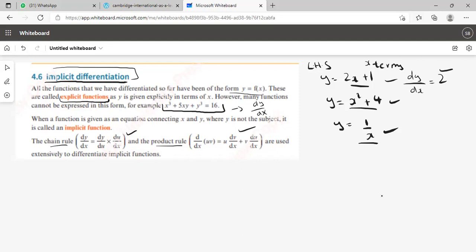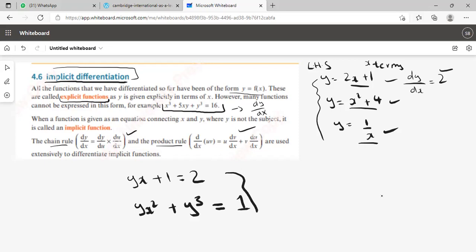Okay, so these are the examples of explicit. But if I have y(x plus 1) equals 2, or if I have y x squared plus y cubed equals 1, these are implicit functions. Why are these implicit functions? Because x and y are mixed over here.